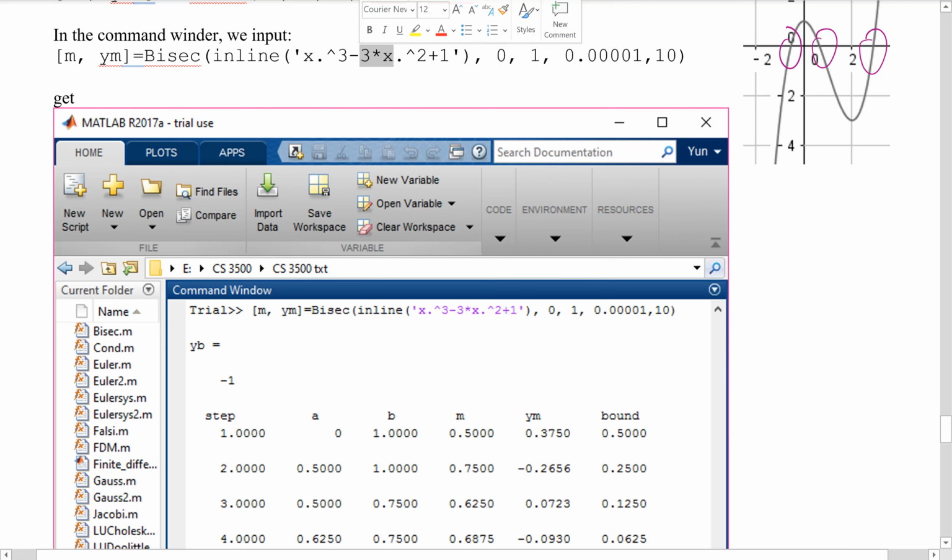If you don't insert the asterisk, MATLAB just considers 3x as a single variable, not 3 times x. So keep that in mind.